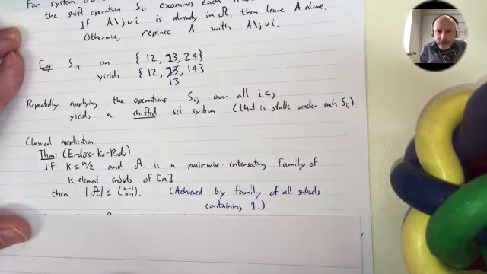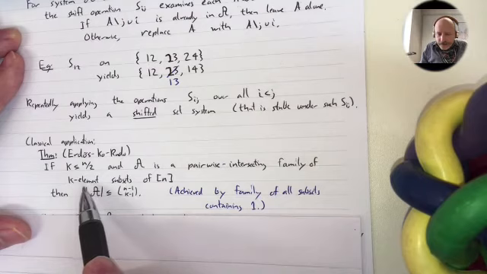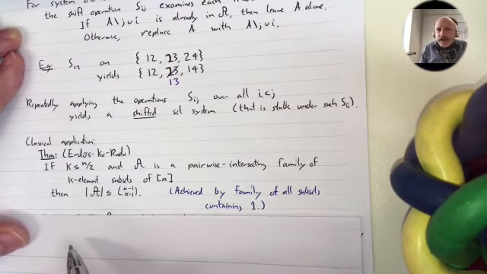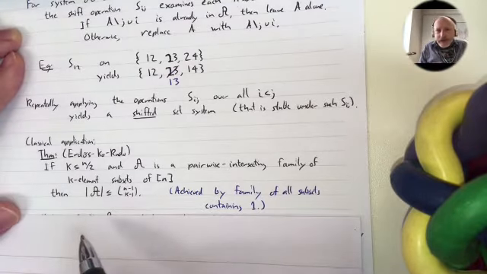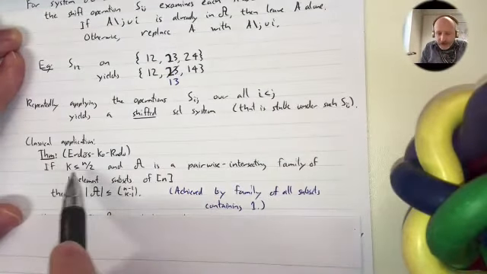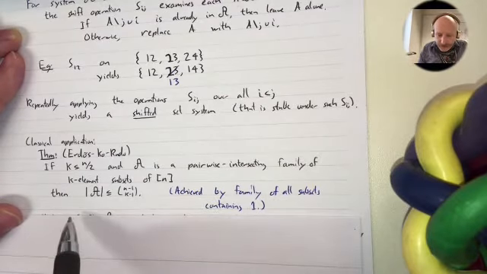That just means that every pair has a non-trivial intersection. Now, if I've got 6-element subsets of 1 through 10, then every pair has to intersect by the pigeonhole principle, and that's boring. So I want k to be less than or equal to n over 2, so I can potentially have pairs of subsets that do not intersect.